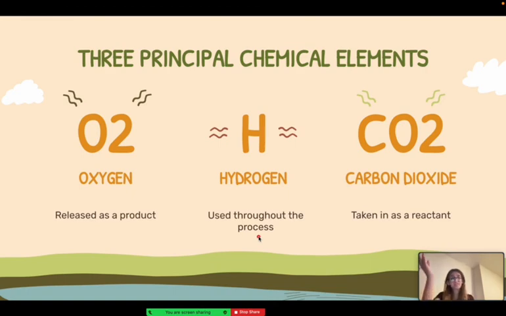When we take in H2O and we give out oxygen, hydrogen is mixed into those chemical reactions, and it's just very important throughout the process. It's not a product or a reactant, but it is included throughout the process.